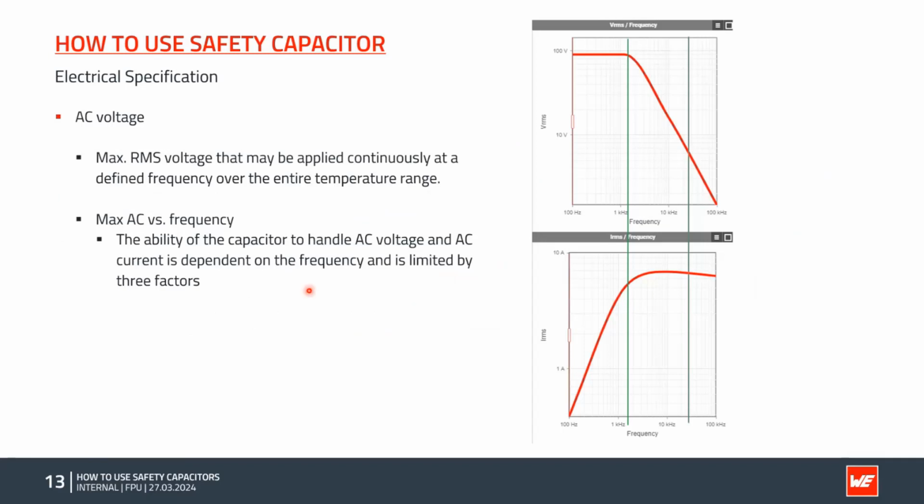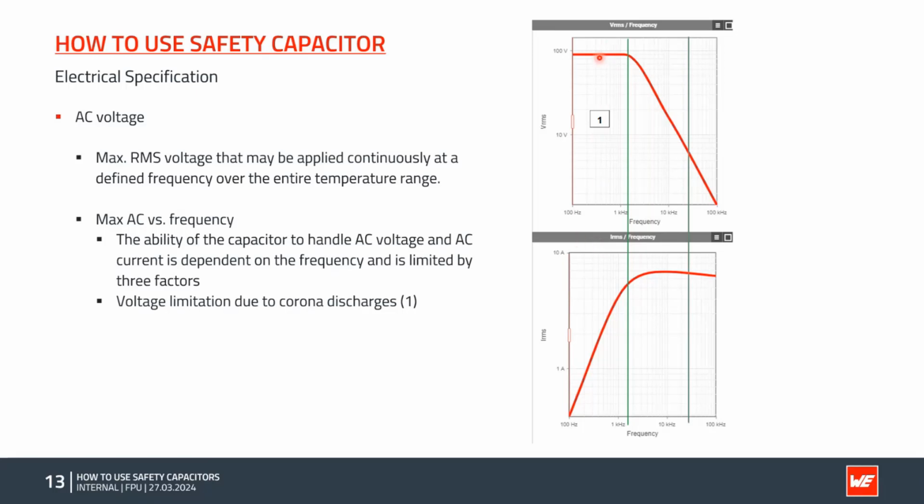Going a little bit more into the specification. There are also more graphs available which you should have a look at, like the VRMS versus frequency and the IRMS versus frequency, so the current graphs. They really correlate with each other, because there are some factors or some limitations, and these are in the beginning.